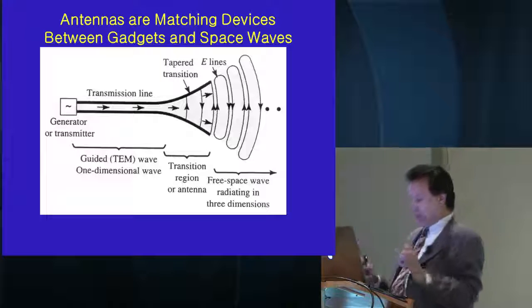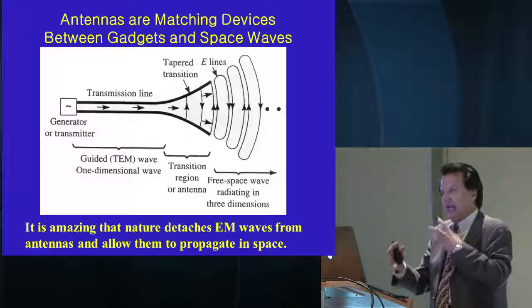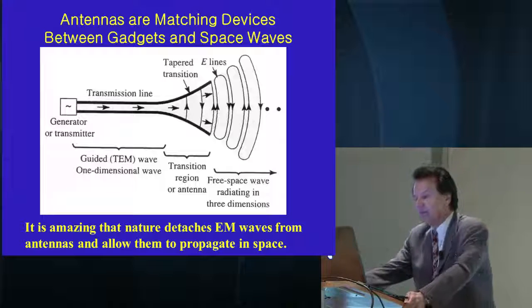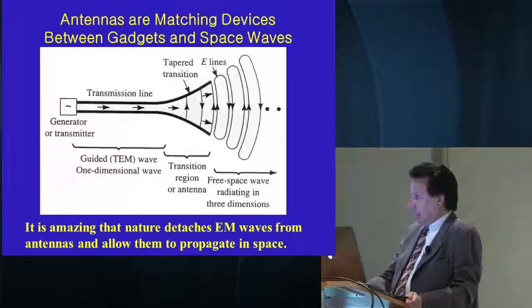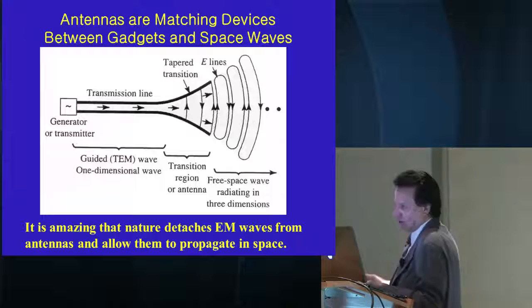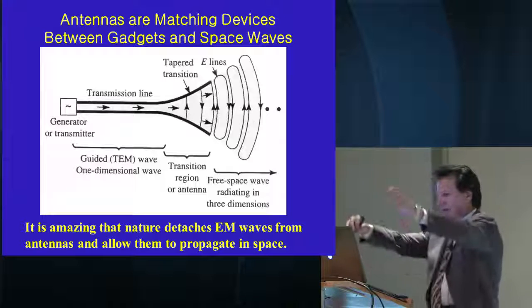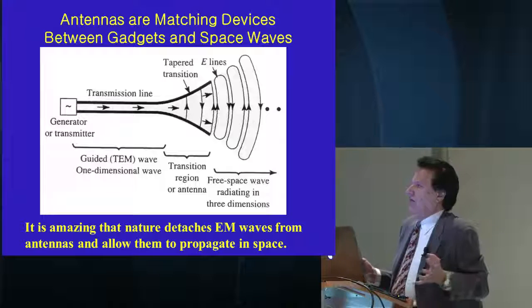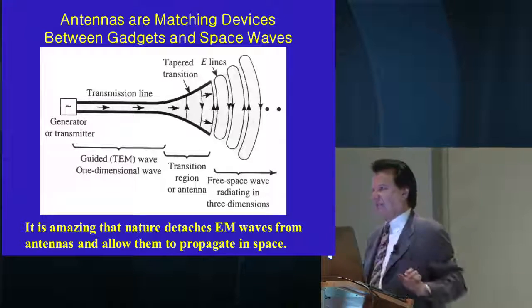So how do we quantify this a little bit? It is amazing that nature detaches electromagnetic waves from antennas and allows them to propagate in space. And that is amazing. We have seen that in our courses, we talk about it, we read about it, but we never sit down just quietly and think about it. How does this happen, that this electromagnetic wave detaches itself from the antenna?